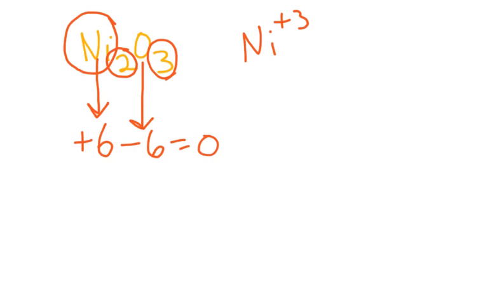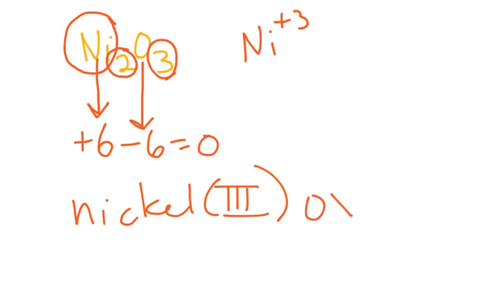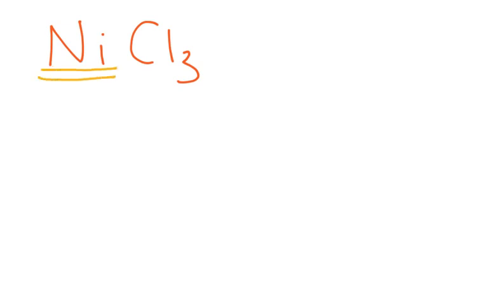So the name of this compound is nickel 3 oxide. Okay, in the next example here we have NiCl3. And again, we know that this is a type 2 ionic compound because it has nickel in it.